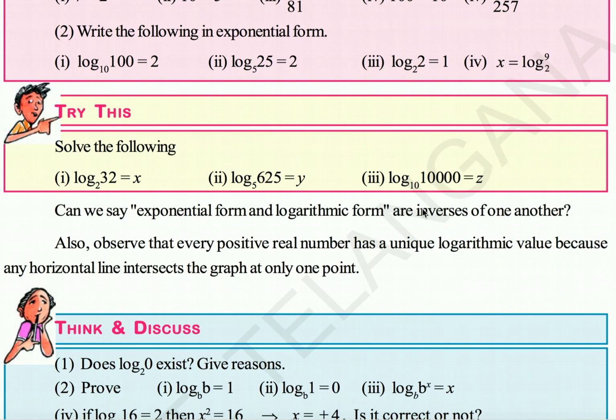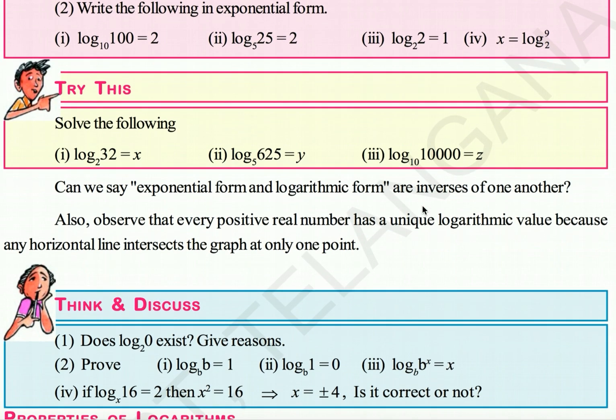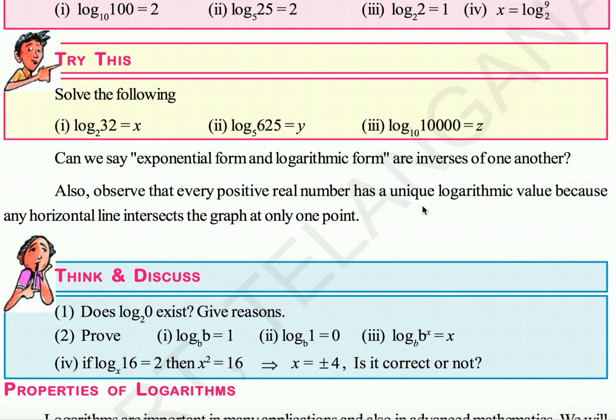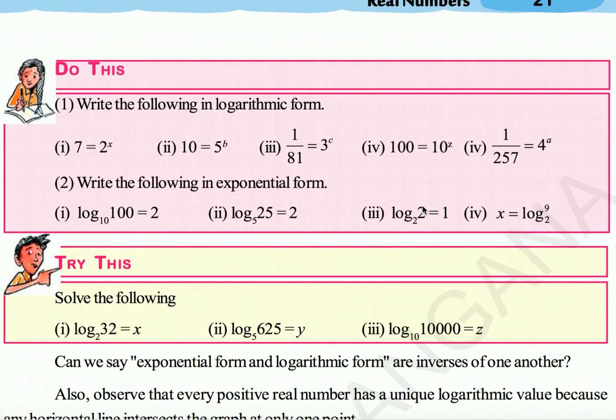We can say exponential form and the logarithmic form are inverse of one another. Also observe that every exponential form is the inverse of logarithmic form. That is, 100 equal to 10 square.